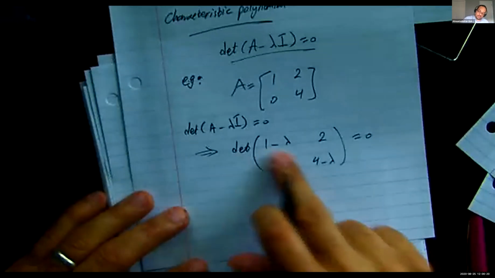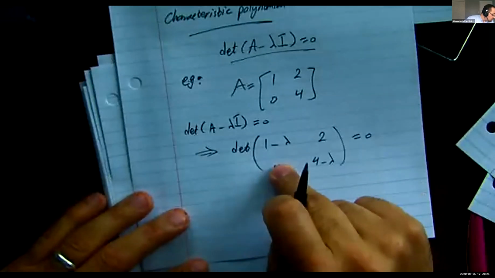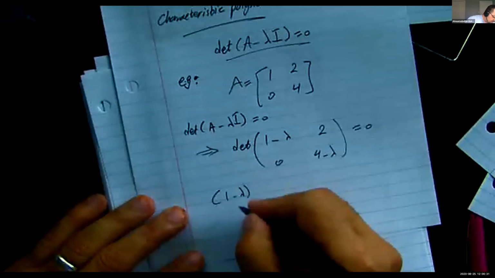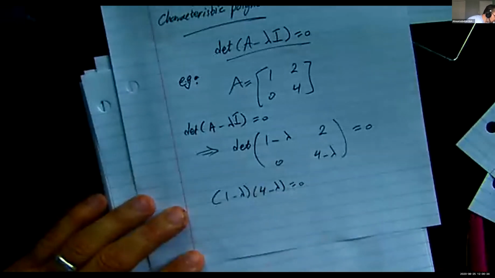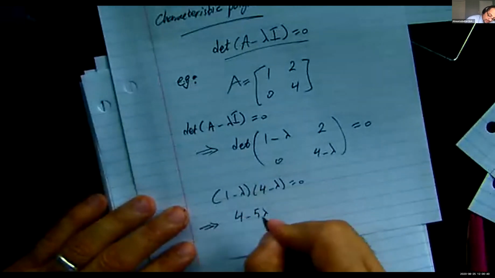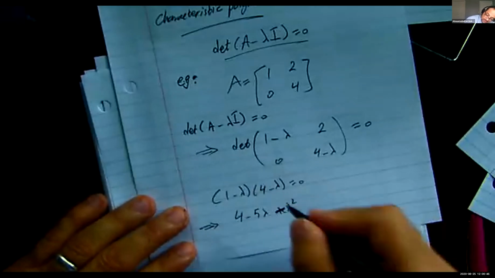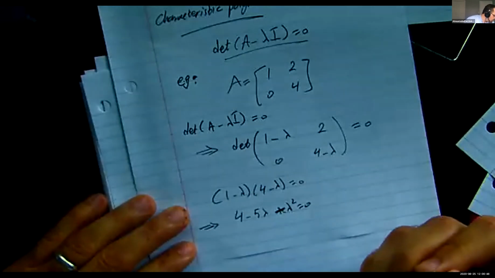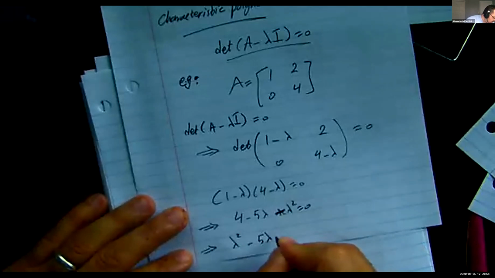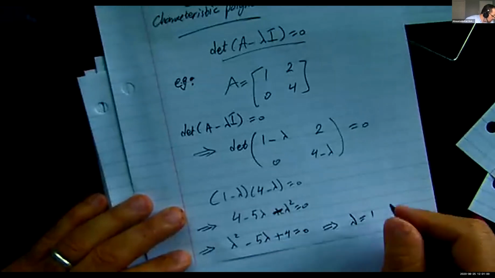The determinant, you multiply the diagonal terms minus the multiplication of the off-diagonal terms. So we're talking about 1 minus lambda times 4 minus lambda equal to 0, which means 4 minus 5 lambda plus lambda squared equal to 0, or lambda squared minus 5 lambda plus 4 equal to 0, which means that lambda is equal to 1 and 4.